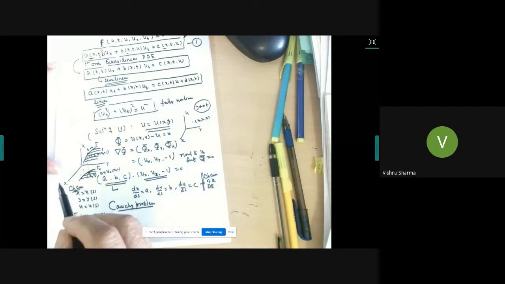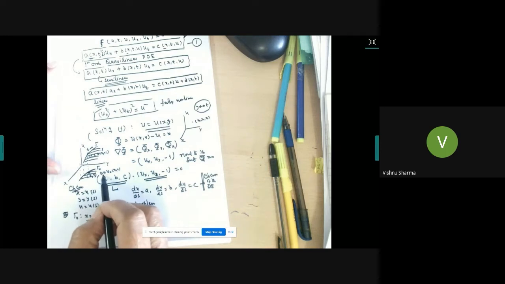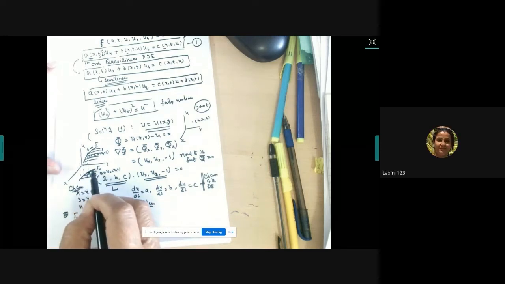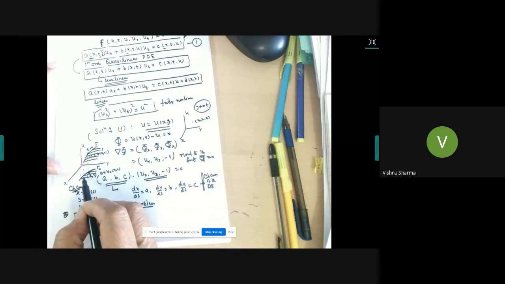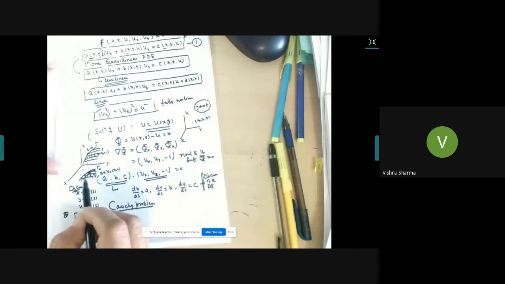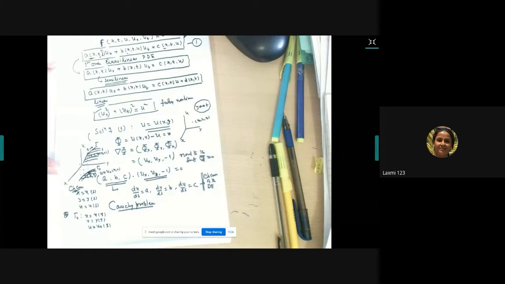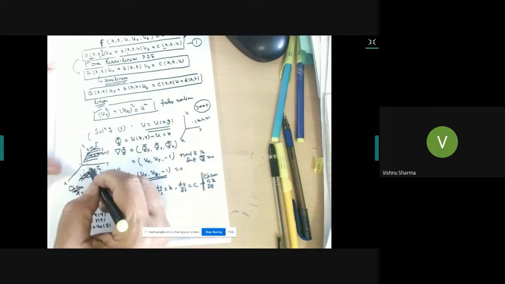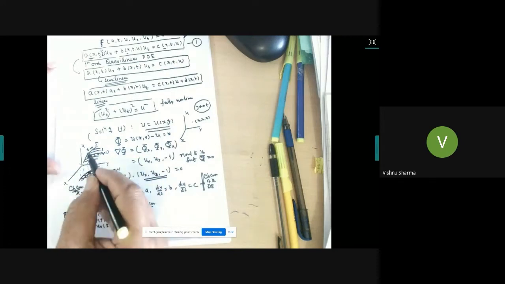I specify the values at each point of this curve. The Cauchy problem asks for determining a function u which takes on the prescribed values on this gamma naught, looking for the solution in the neighborhood of it. This is equivalent to asking for a solution in the neighborhood of this space curve.